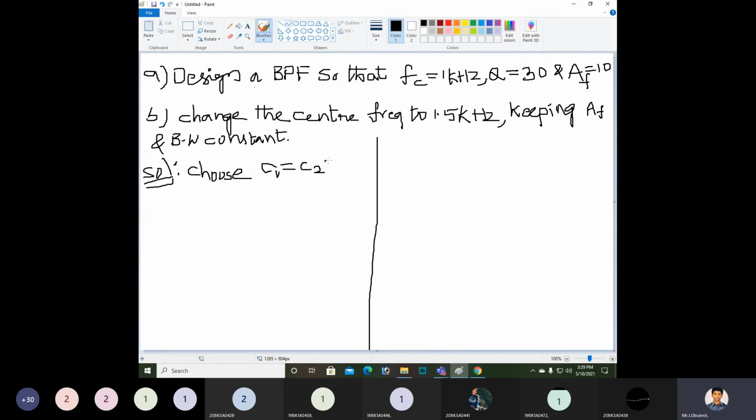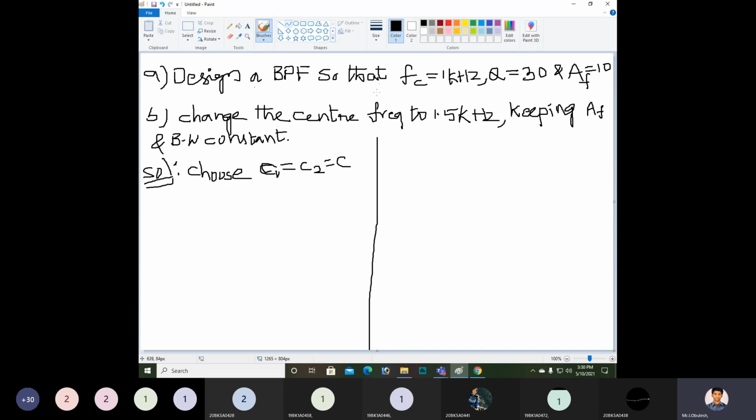C1, C2 is equals to C, and you need to calculate R1 and R2. Yes or no? First choose, or let us assume that C1 is equals to C2 is equals to C.